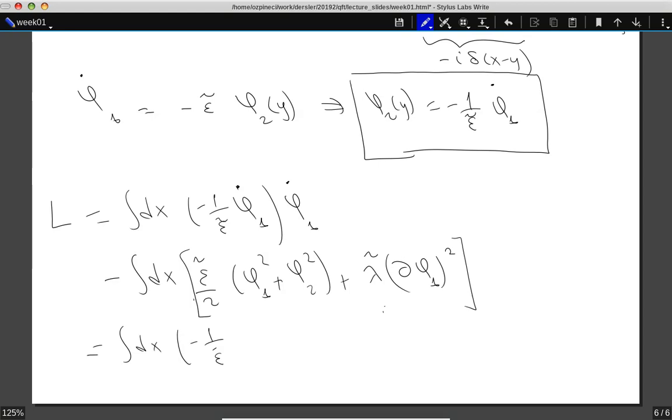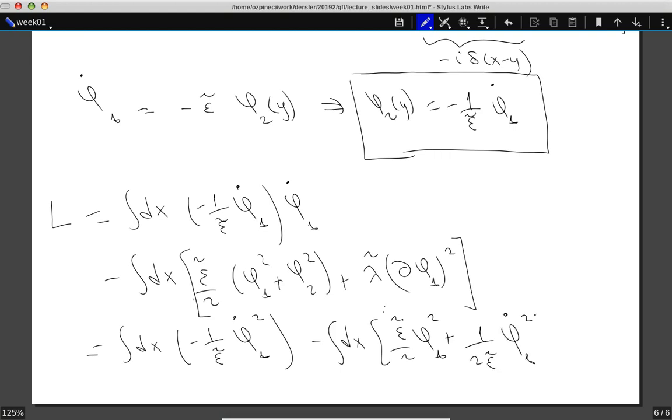Which is dx minus 1 over epsilon tilde phi 1 dot squared minus dx epsilon tilde over 2 phi 1 squared plus 1 over 2 epsilon tilde phi 1 dot squared plus lambda tilde derivative of phi 1 squared.